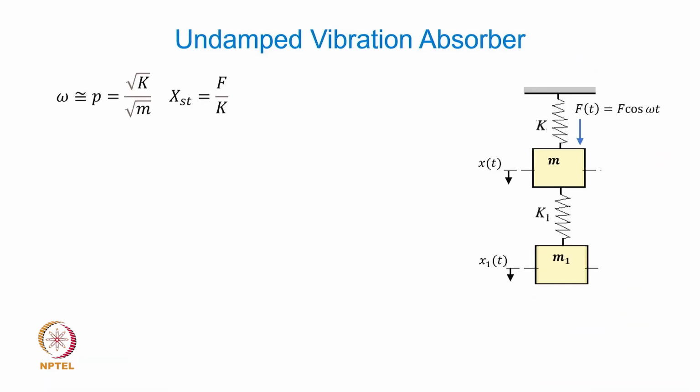So we now take into account the natural frequency of the main system. So this is our main natural frequency, square root of k over m, and that itself is the excitation frequency, will it not? Because we are considering a situation where your operating speed is close to the natural frequency, and therefore there are resonant vibrations, which is the reason why you are trying to design a vibration absorber.